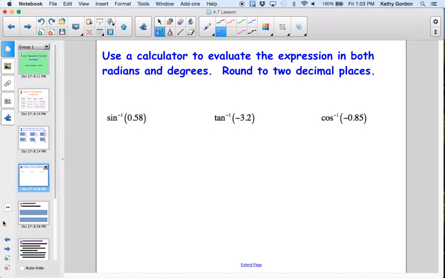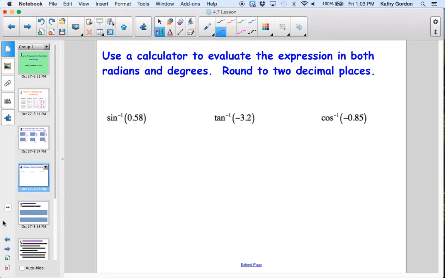But I just want to ask, is anyone not clear about where to find your inverse trig on your calculator? Has everybody stumbled across it under the trig button? Okay, so it's just a matter of finding your inverse trig under the trig button, just like a regular trig, and putting in the answer.